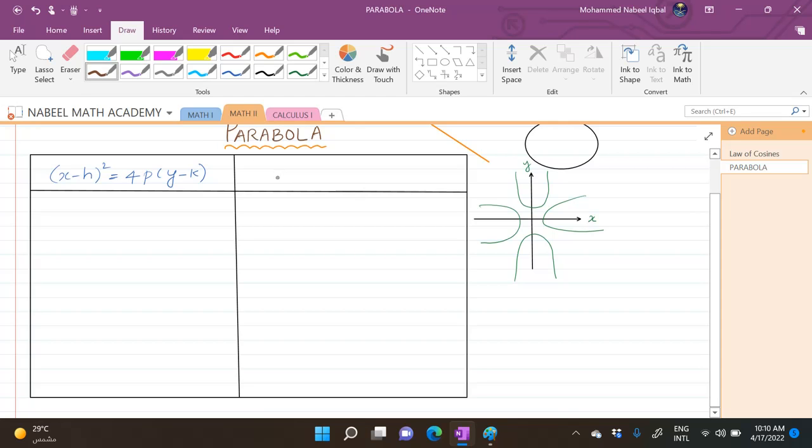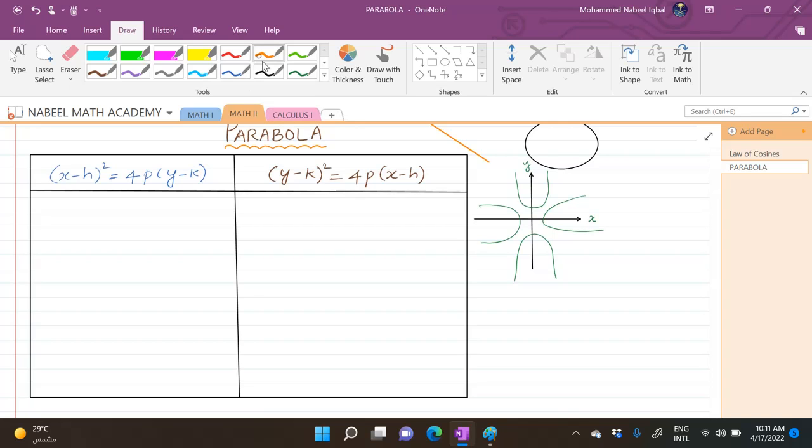And the next parabola is y minus k whole square equals 4p times x minus h. One more thing: h is always with x and k is always with y.